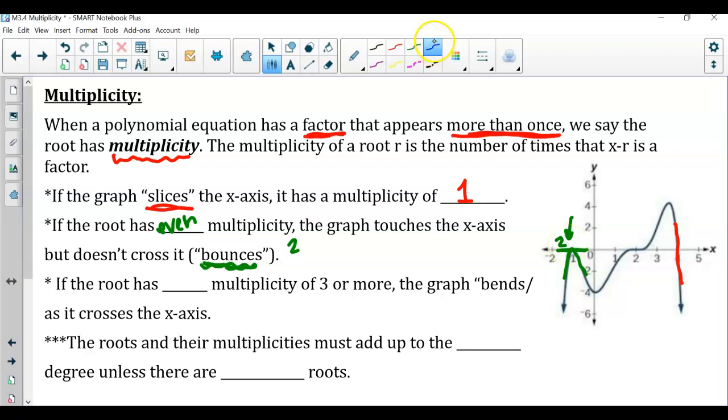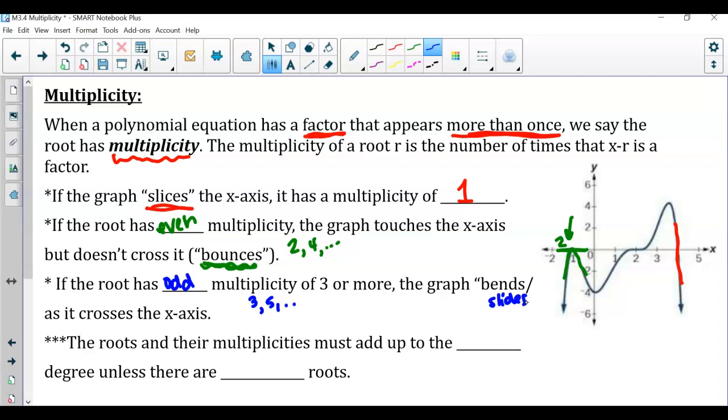Now, if the multiplicity is odd, meaning 3 or more, it could be 3, it could be 5, it could be higher than that. Sorry, let me go back. I know I said 2, but you could have 4 for even, and going on and on. For odd multiplicity, you could call it a bend or a slide.